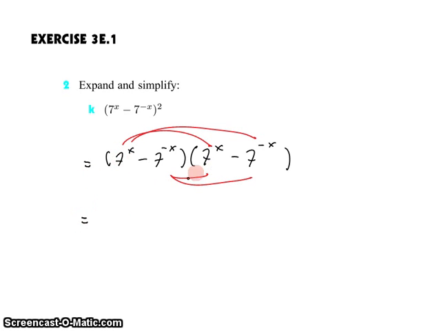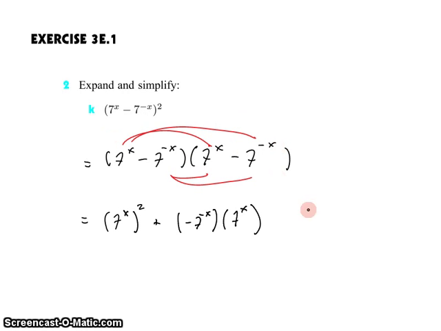So this is equal to 7 to the x times 7 to the x, which is 7 to the x squared, 7 to the x times itself. Then we have negative 7 to the negative x, that's this right here, times 7 to the x. So that's the inner.